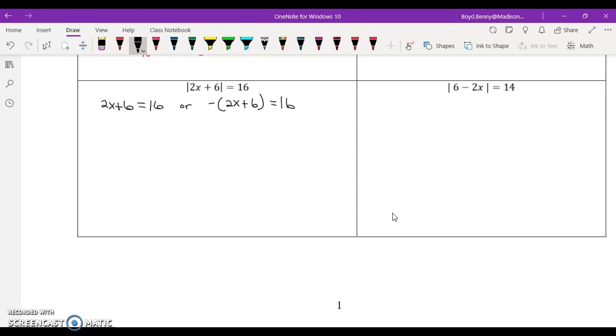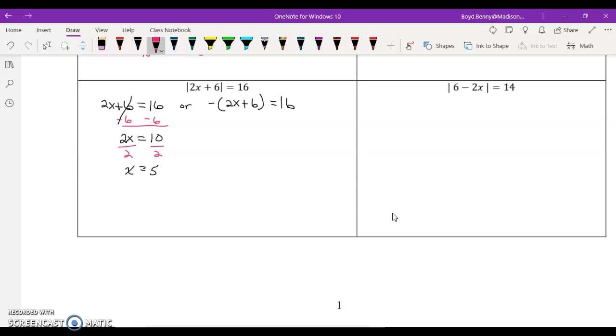Okay? So let's go ahead and solve this first one. Let's see, I think I need to subtract 6 first, because that's the inverse of adding 6. That leaves me with 2x equals 10. Next, to isolate x, I'll divide by 2. And that's going to give me x equals 5.